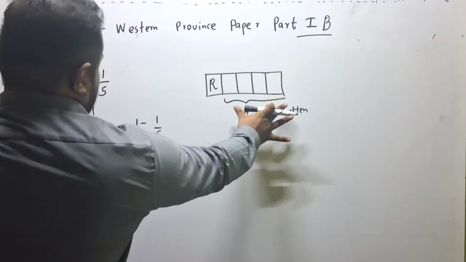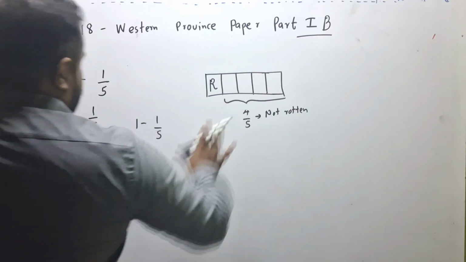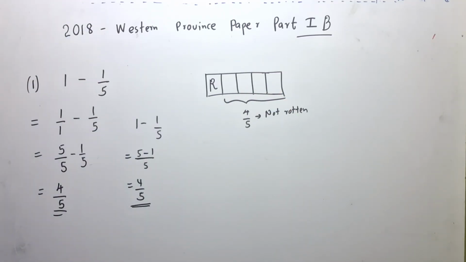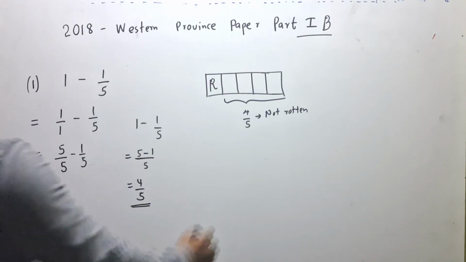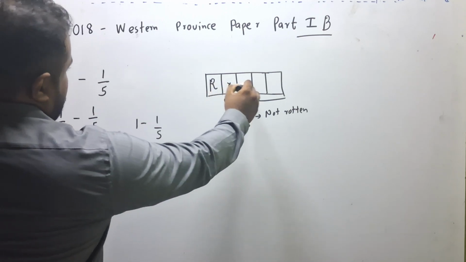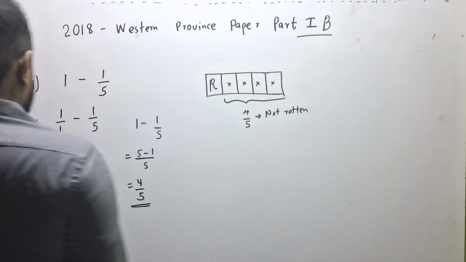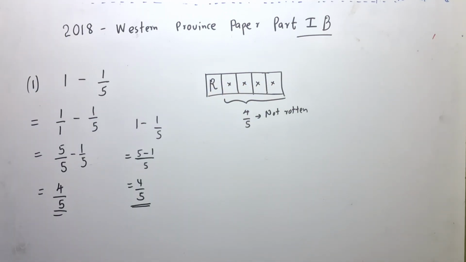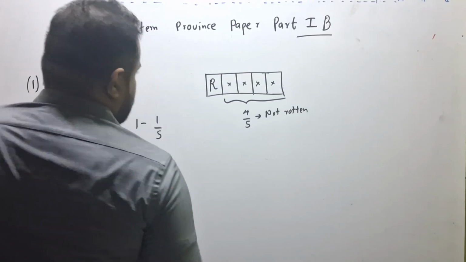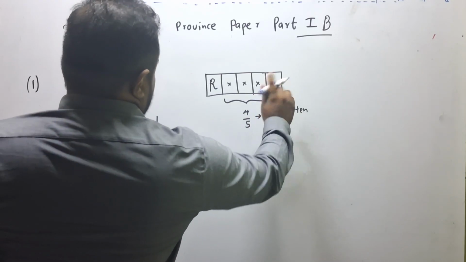This is the graphical method we can use to understand the question. Next up, number 2. If he kept 1/4 of the mangoes which are not rotten, that means from these not rotten mangoes, he keeps 1 part for consumption. So I would write here, for consumption.